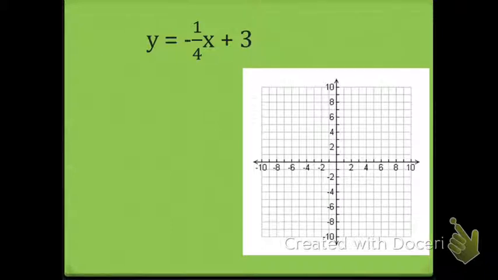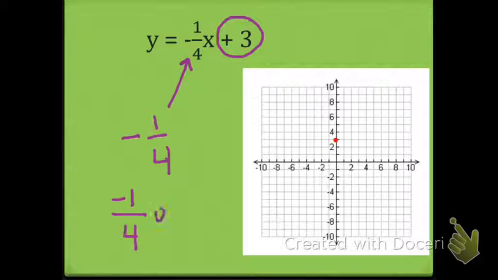This next one has a positive number for the y-intercept, so we'll put a dot there at 3. But if you look at the slope, it's got something rather interesting, and that's a negative sign. So you know that with a negative slope, the line is not going to be going uphill, it's going to be going downhill. So what you have to decide is the negative sign goes with one or the other, but not both.